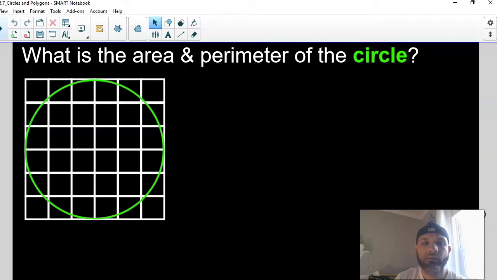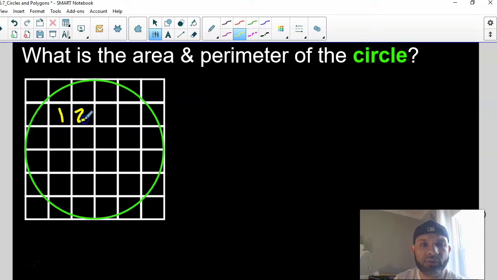Now, you might already notice that it's a little tricky because we have some full squares here, and I can try and count all these spaces in here, but this isn't really half of a square unit because it's curved.